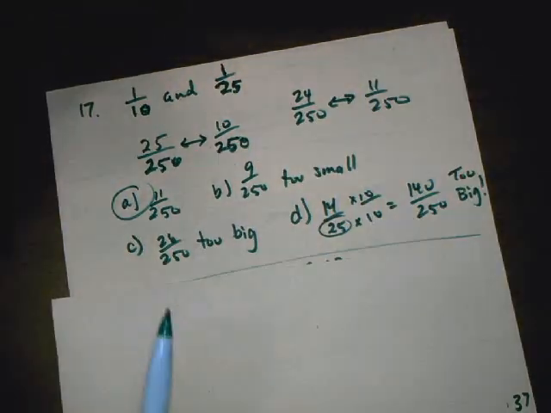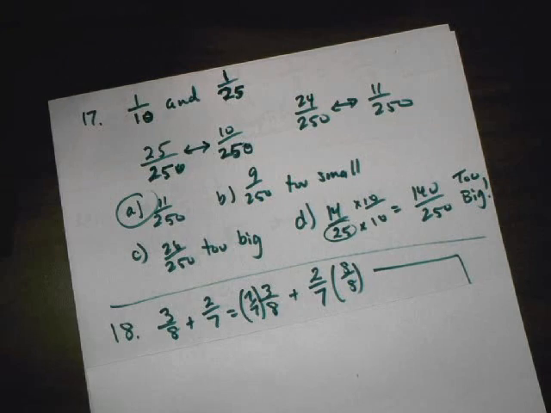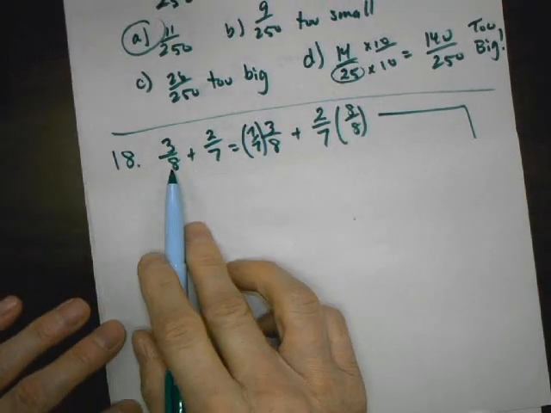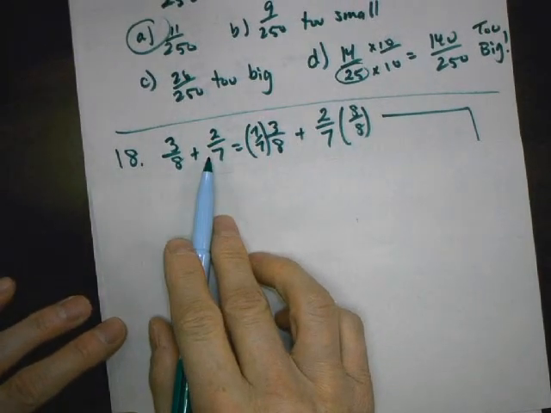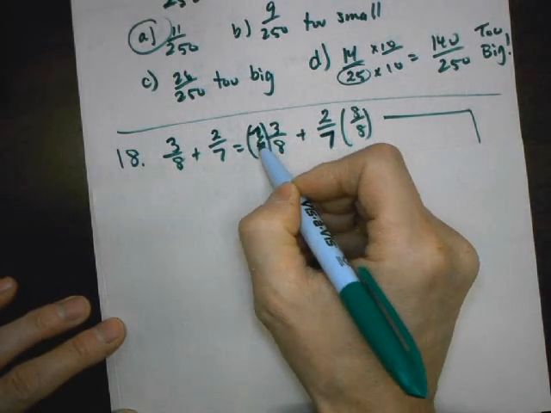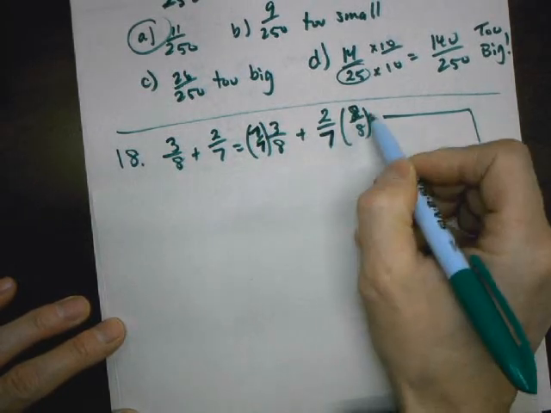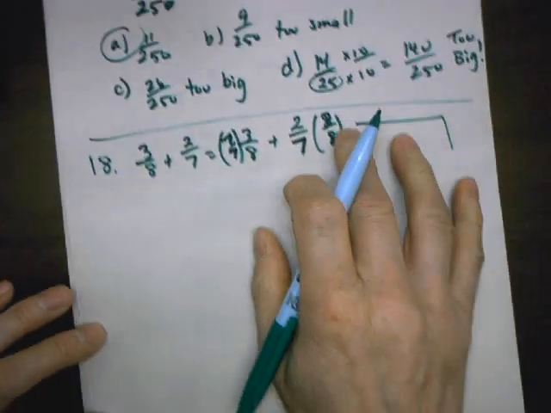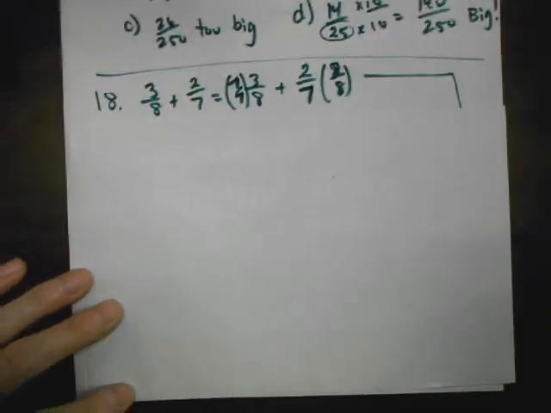Number 18 says, a faucet was turned 3/8 and then another 2/7. How far was it turned? In other words, we got to add these two together. When I'm adding fractions, I need the same bottom number. And sometimes we can just take this number and multiply it here, and this other number over here, just like we did with this problem. But sometimes that's not the smartest choice.